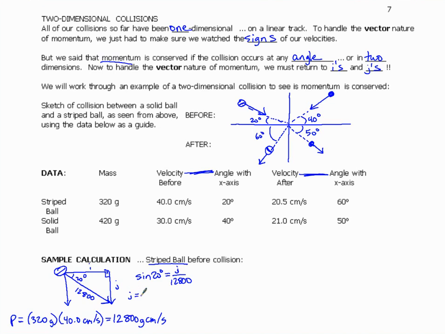And so J equals 12,800 sine of 20 degrees. And so J equals 4,380.